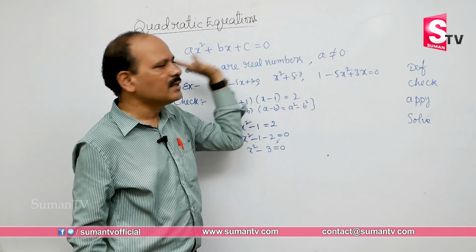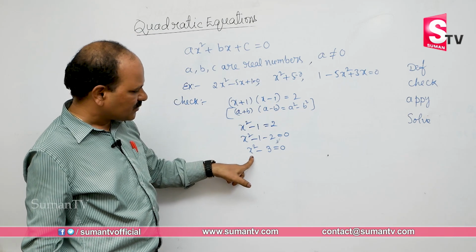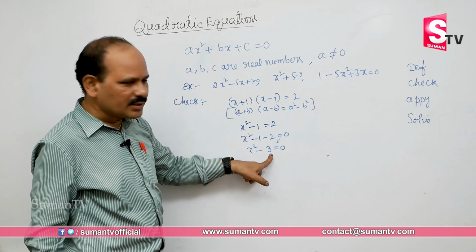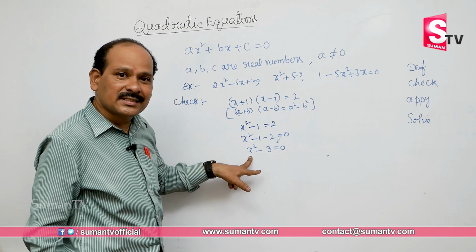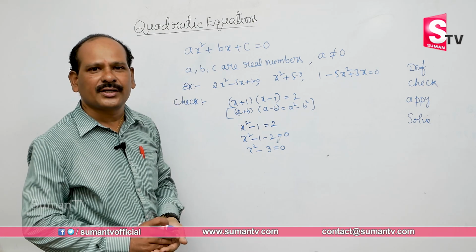Then only we can say it is a quadratic equation. Here the x term is missing and the constant is there, but the x square term is present, so it belongs to quadratic equations.